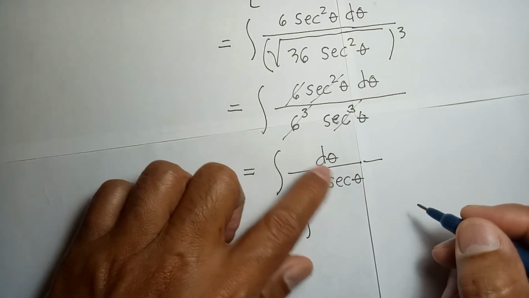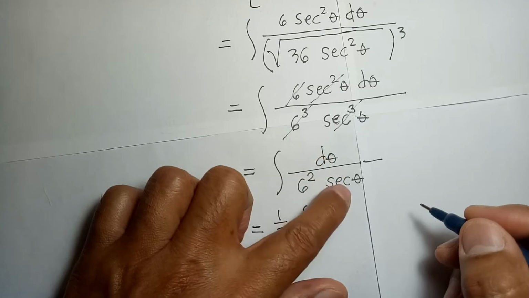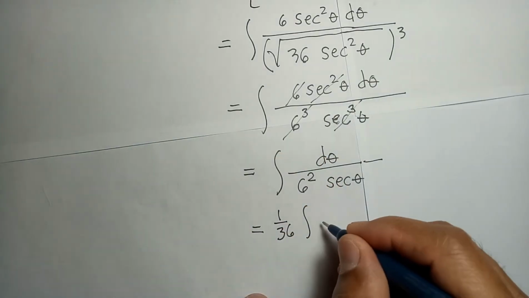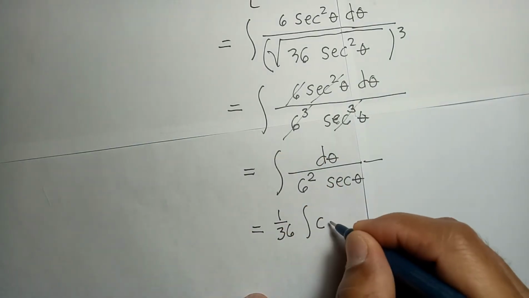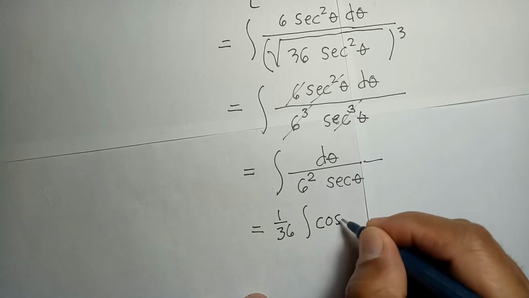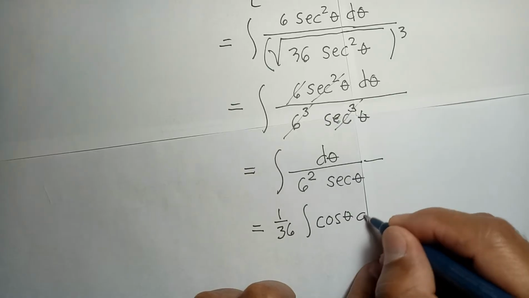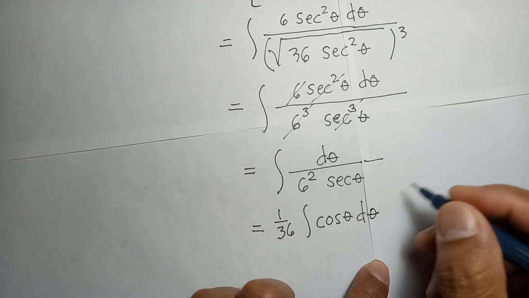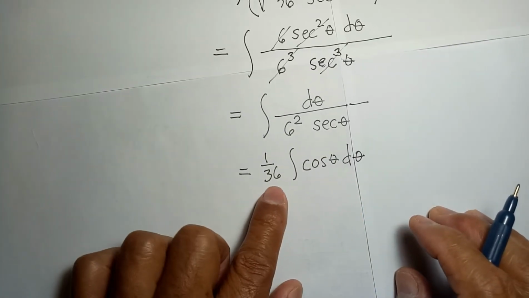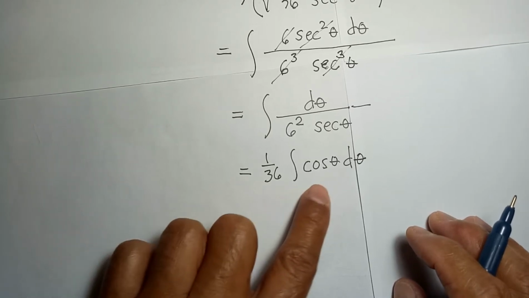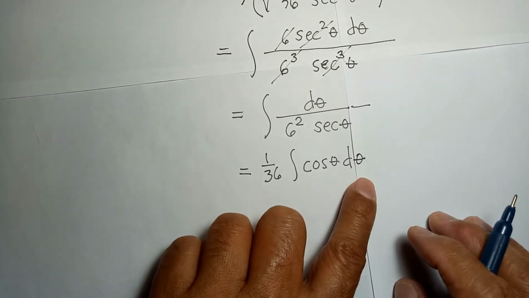Ngayon, yung 1 over secant, equal siya sa cosine of theta. I repeat, 1 over secant equals cosine of theta. Tapos yung d theta natin. Okay. So, ang result ay 1 over 36 integral of cosine theta d theta.